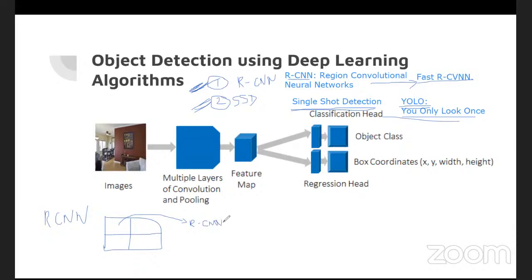These RCNN algorithms will give us two things. First, it will perform object classification, and the second task is that it will give us the coordinates of the bounding box.